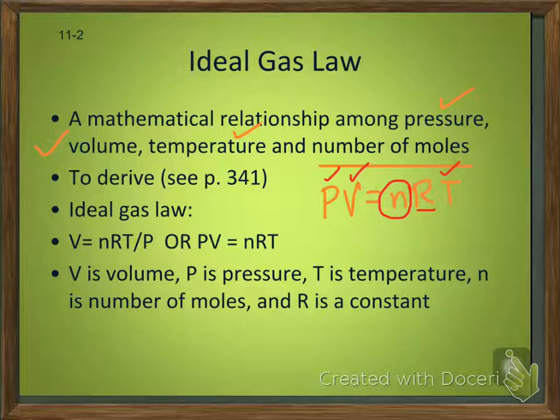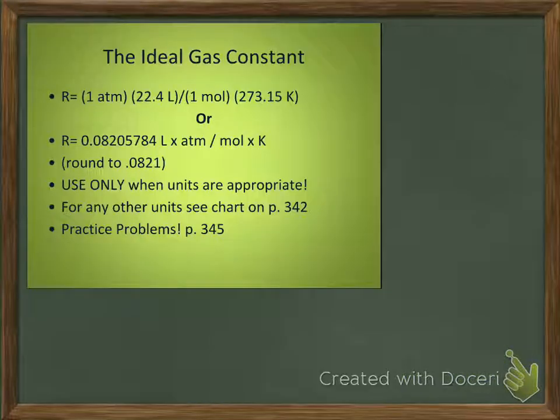Let's look at R, the ideal gas constant. So R is equal to 1 atm times 22.4 liters divided by 1 mole times 273.15 degrees Kelvin. What that works out to is 0.0821, are you ready for the units?